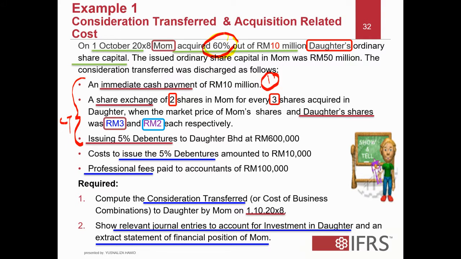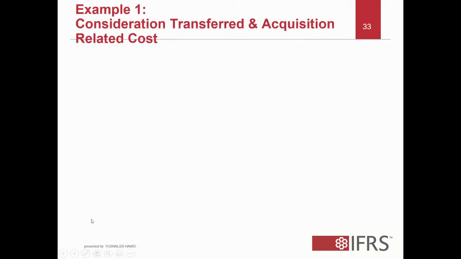The first one is the cash. The second one is the shares, right? The third one is the debenture. And there were also some costs related to issuance of debenture as well as the professional fees. Let's look at how to work it out.